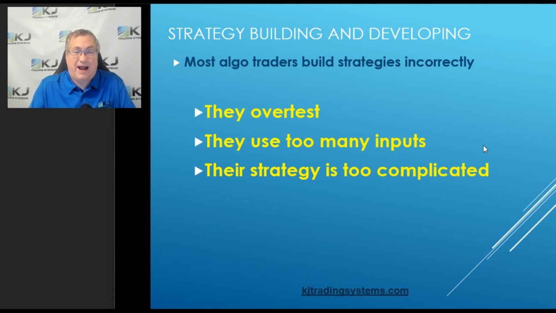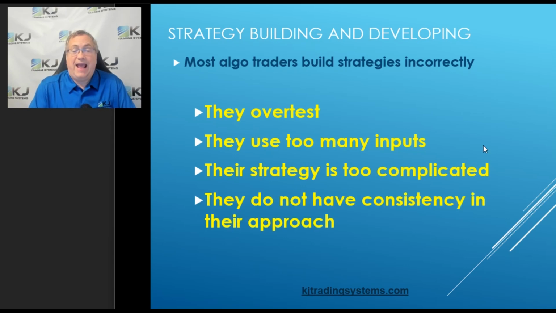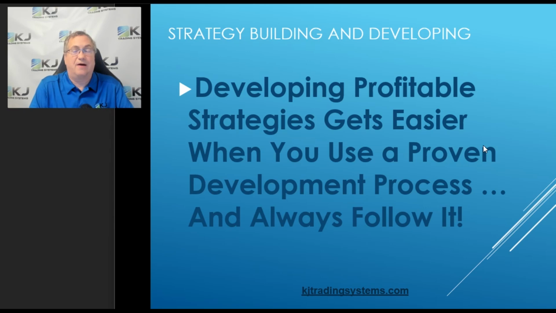They create these strategies that are just too complicated, and they don't have consistency in what they're doing. Some strategies they'll test over and over and test a bunch of exits. Other strategies, they won't test anything. You've got to be consistent in what you're doing if you want consistent results coming out.